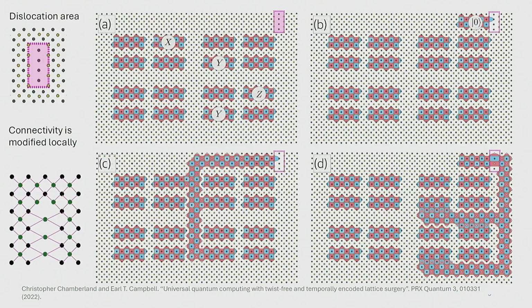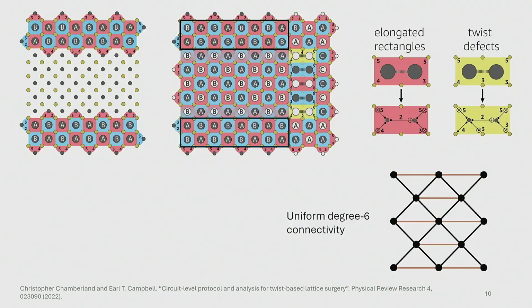This requires you to design your hardware for a specific distance, so it's not ideal. There is another proposal, which they called twist-based lattice surgery, where you can execute Y-based lattice surgery with degree 6 uniform connectivity hardware, where you have the square grid connectivity and additional connectivities with horizontally adjacent qubits. Our purpose in this talk is to remove this additional connectivity requirement.